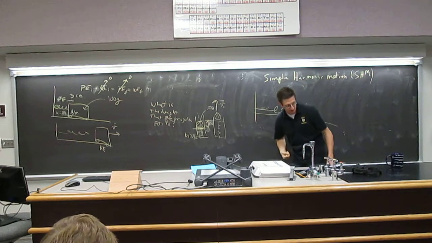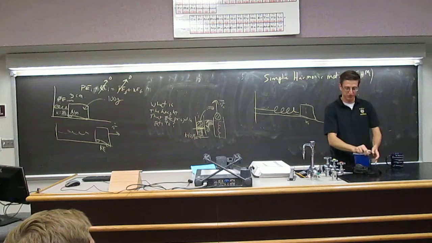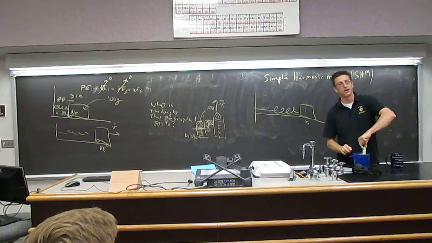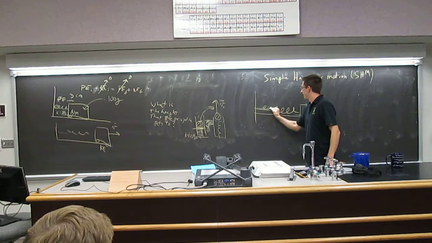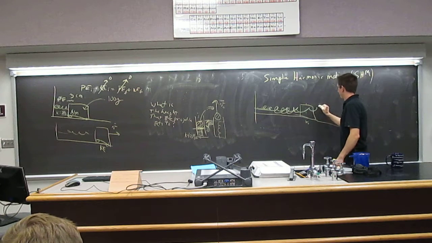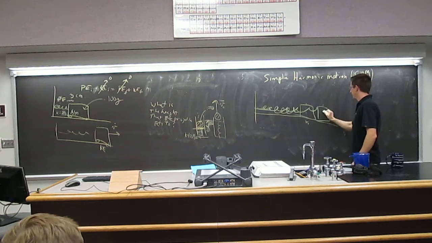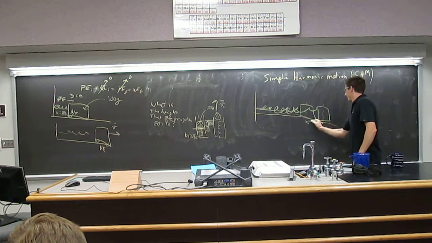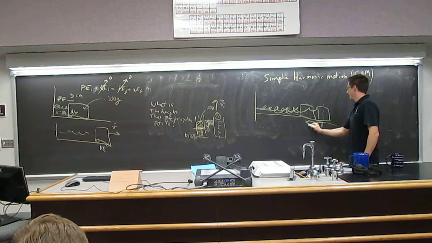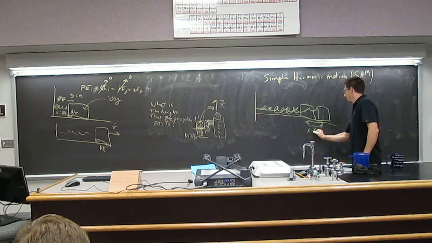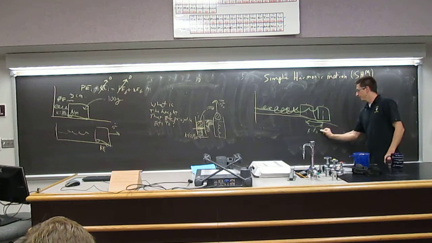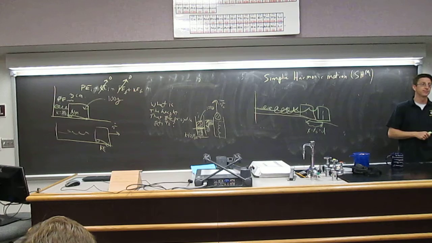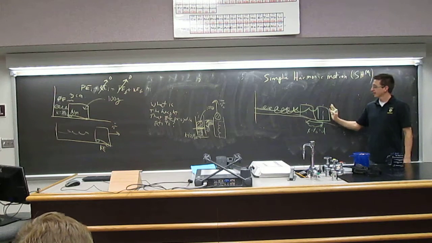Let me see if I can get a piece of chalk that I can distinguish the non-equilibrium from. So if I stretch it out like this, that would be X, and then this would be X minus X naught, which is the distance stretched, right? Let's say I stretch it out like that and let it go.